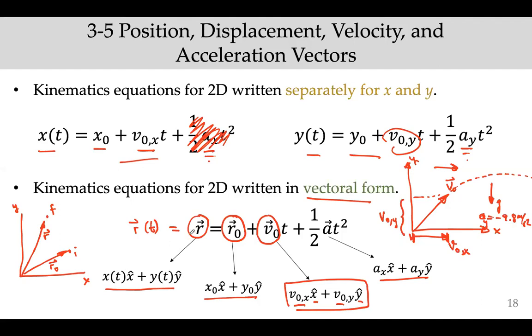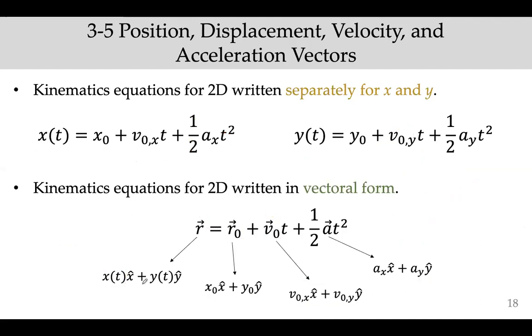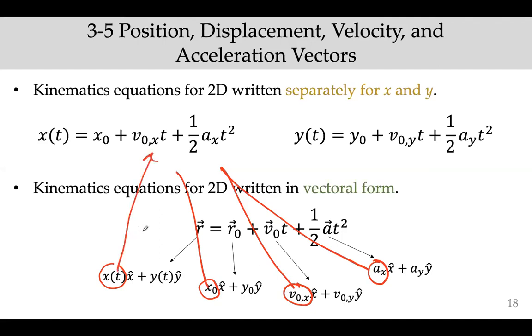Now, if you look at, for example, the x components only here, look at the x component for initial position, initial velocity, and the acceleration. They actually all give me this equation right here. And if you look at the y components of this equation, it gives me the second equation for y.